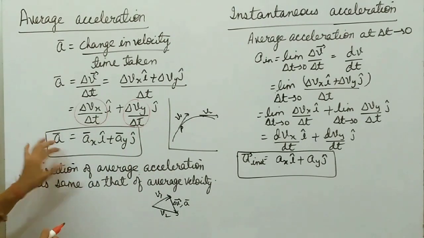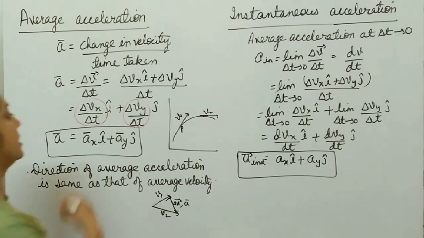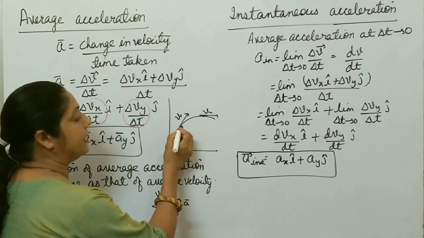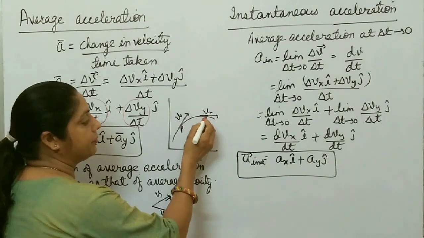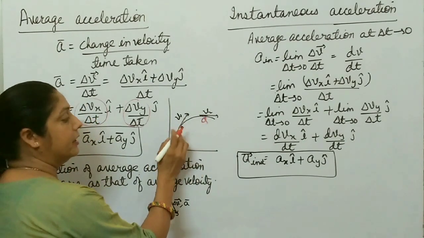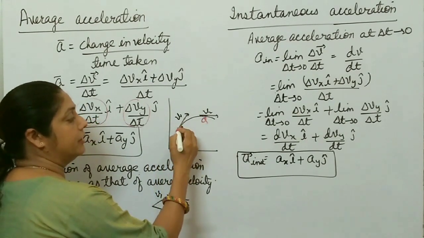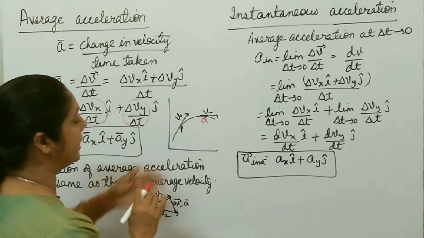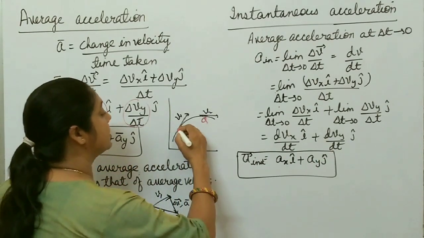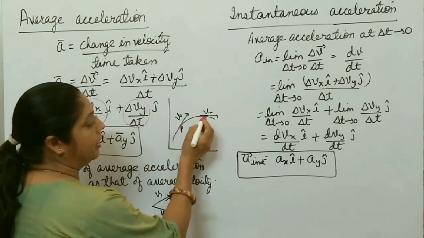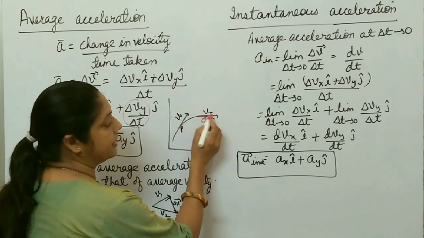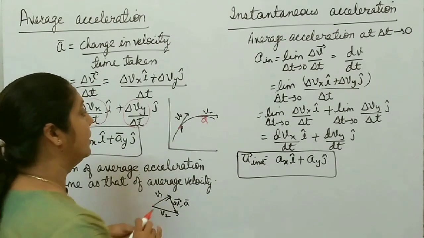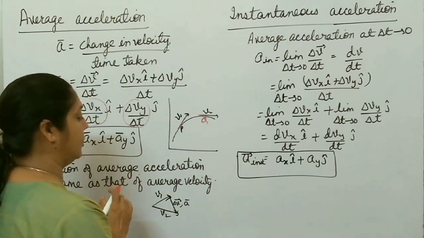Now, what is the direction of this average acceleration? Suppose the position of the particle is at point P, now it moves to point Q. At this point, the velocity is along the tangent. You draw one tangent at point P, it gives velocity V1. Now at point Q, what is the direction of velocity? You draw one tangent, it gives direction of velocity V2. Now what is the direction of change in velocity?